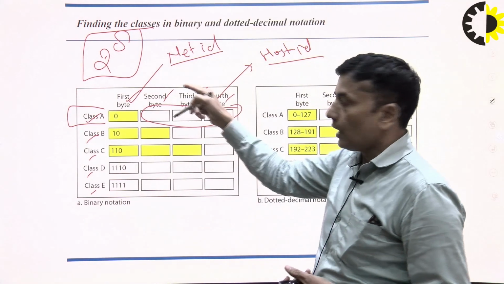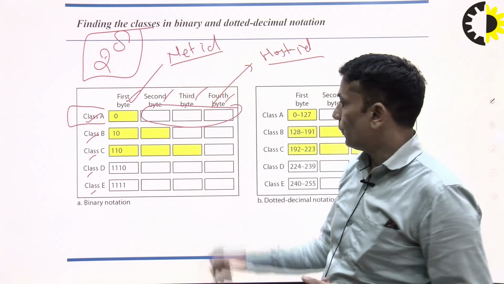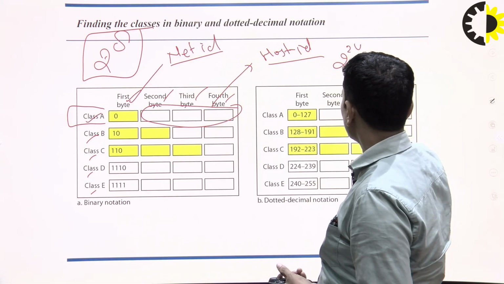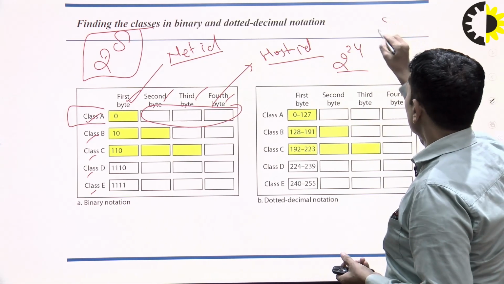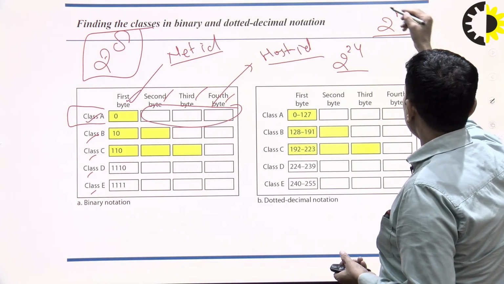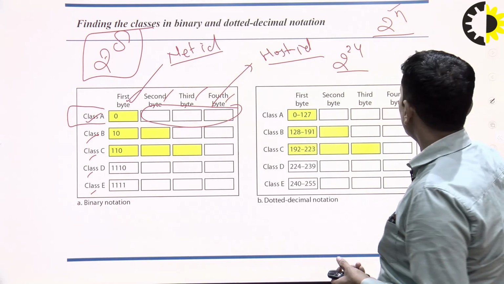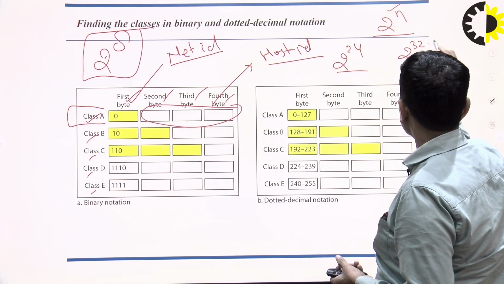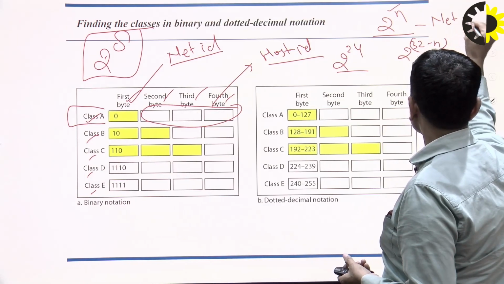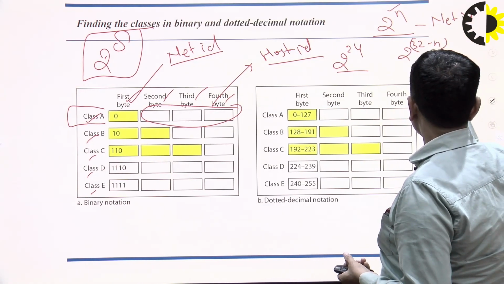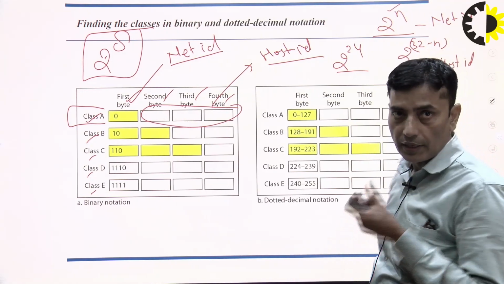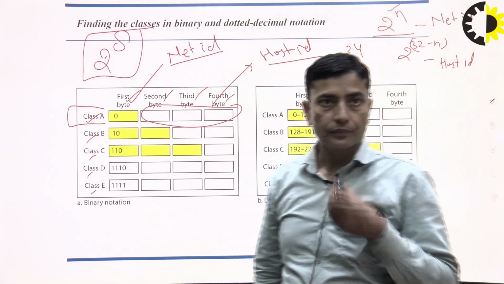And the size of each network will be 2 to power 24. In general, 2 power n is the number of networks for the network ID, then 2 power 32 minus n is for the host ID. This is the net ID, and the remaining bits are for the host ID. Am I right?